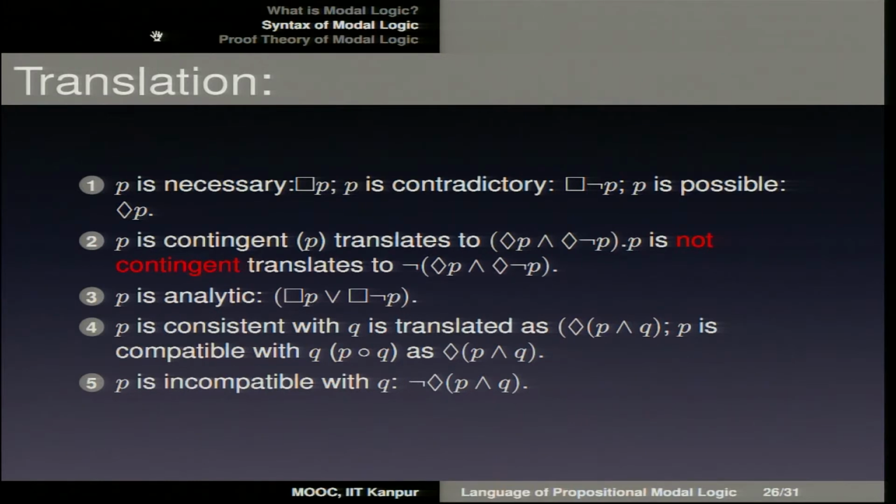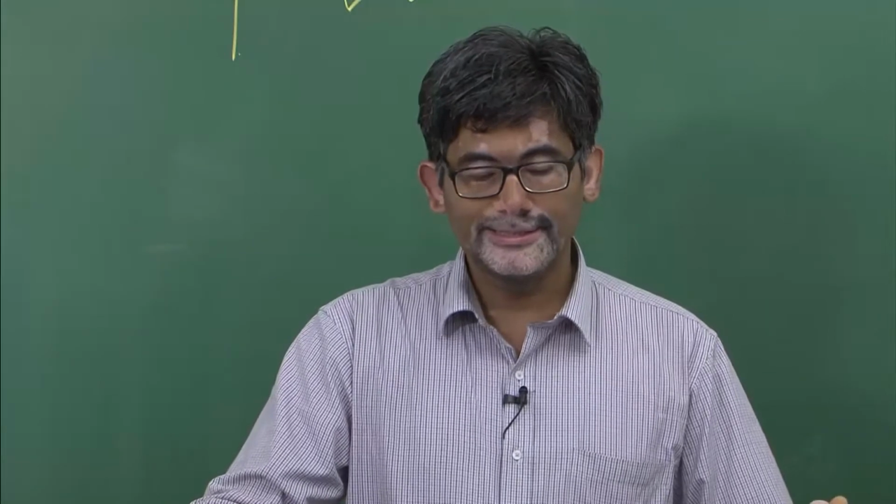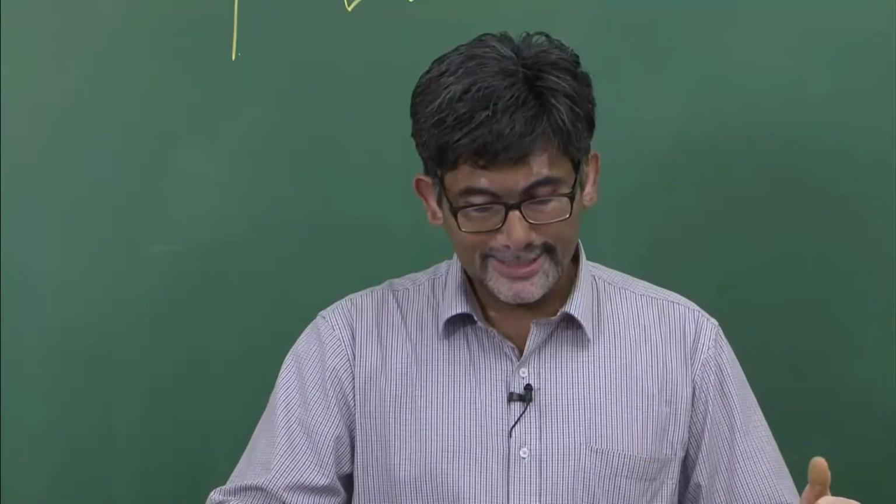Now P is contingent, like anything related to the future. I shall be in my native place on so and so date. That is a future contingent sentence.